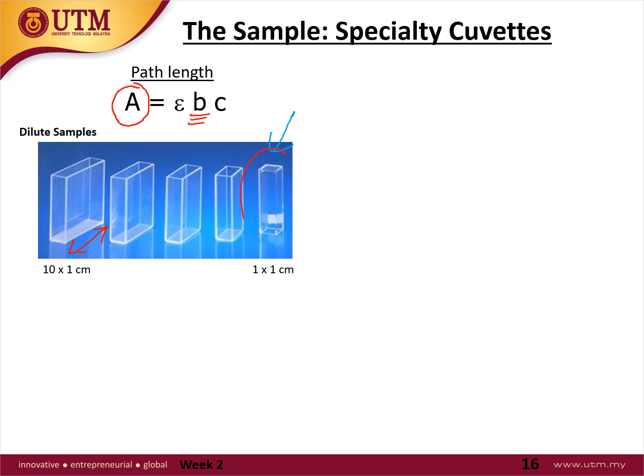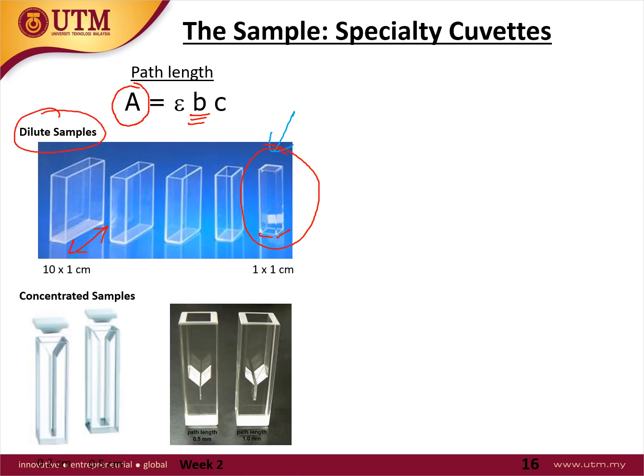Usually we choose 1 cm by 1 cm on the dimension. This is used for dilute samples. If we have a concentrated sample, you see that the path length is even smaller, just 0.2 cm.